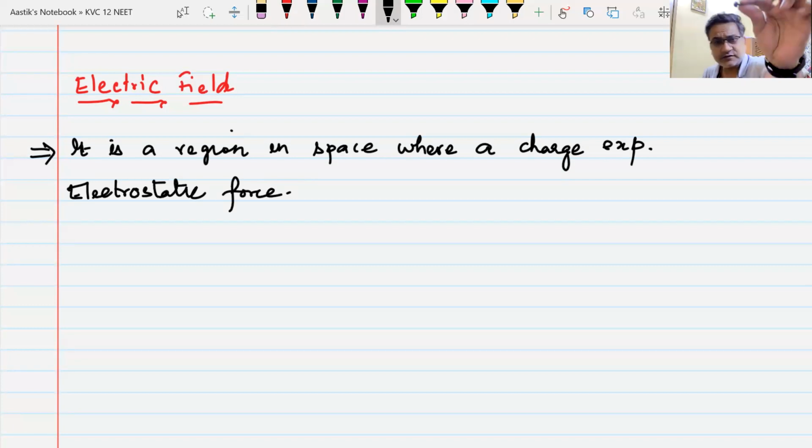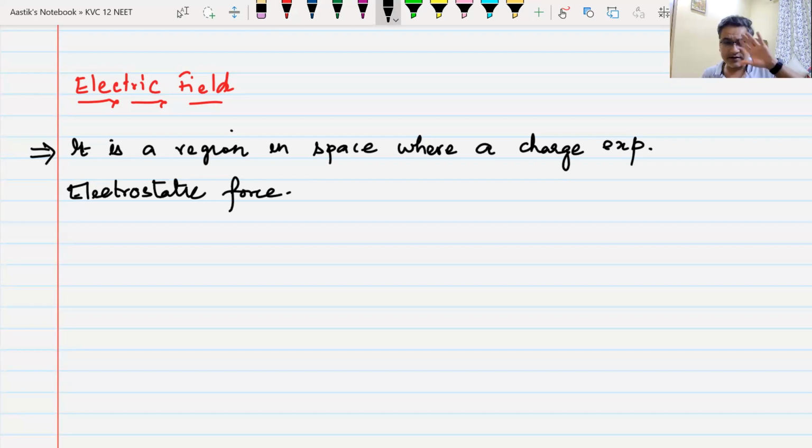So if you have a charge, this is a charge, and if this charge I keep here and it experiences electrostatic force, that means it is placed in a region of electric field. That is what we understand by electric field. Do we understand this?